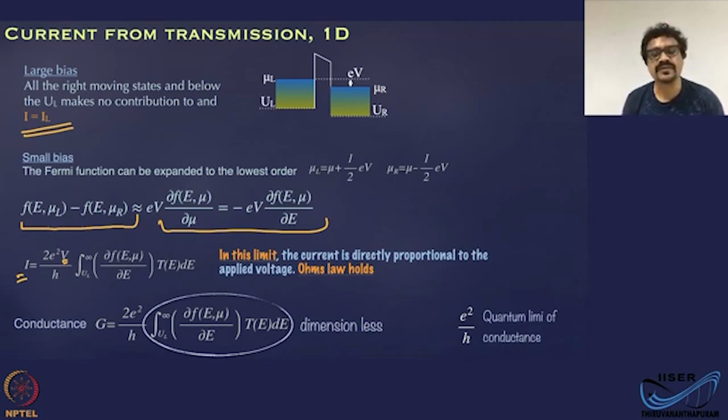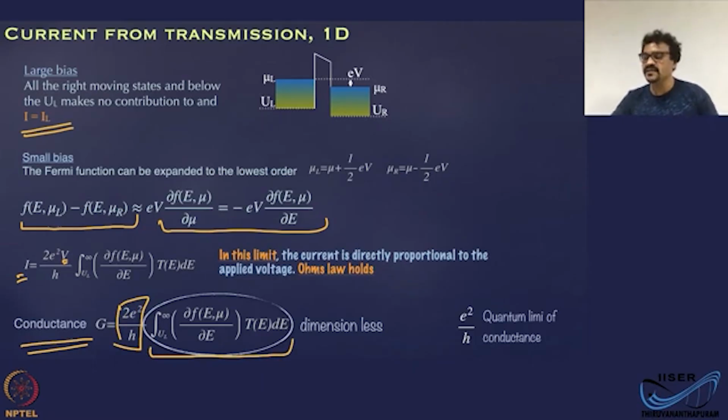So in that limit Ohm's law is going to hold. And the conductance G is given by this 2E square by H term with a dimensionless quantity. This integral is dimensionless, because 2E square by H has the dimension of conductance.